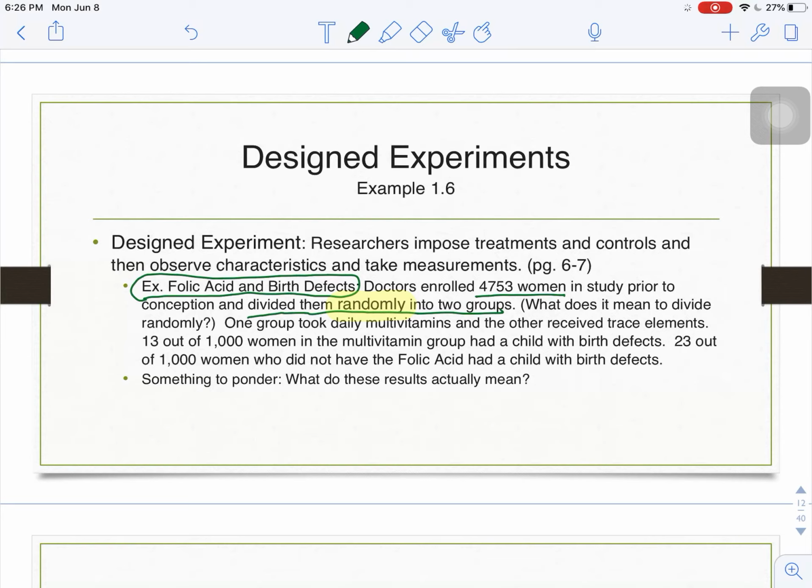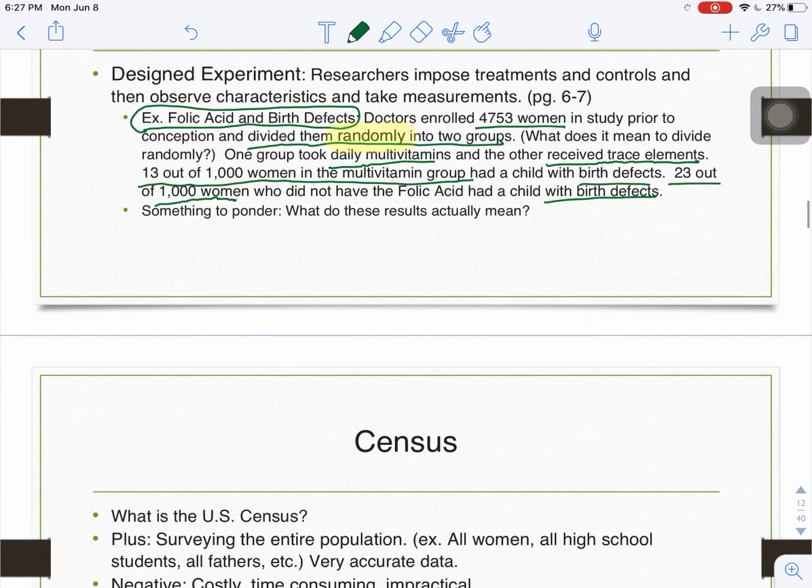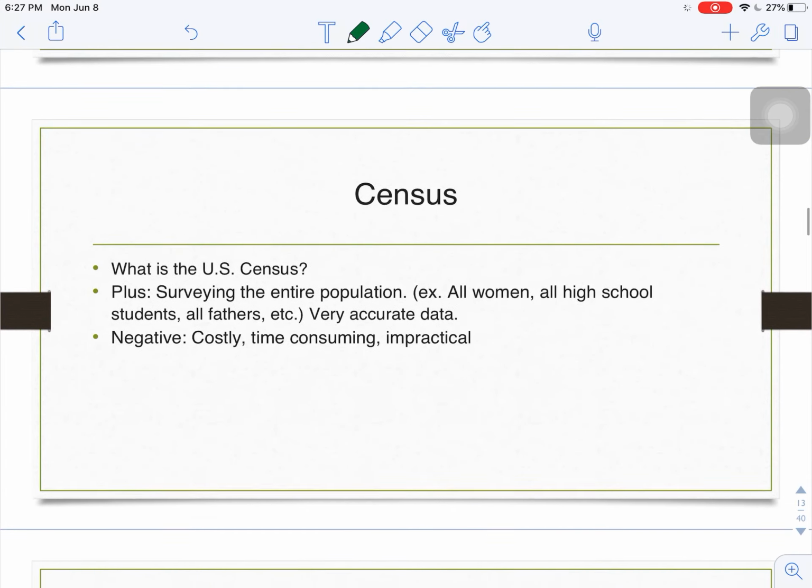You have to collect a simple random sample. So one group took daily multivitamins. The other received trace elements or a placebo. 13 out of 1,000 women in the multivitamin group had a child with birth defects. 23 out of 1,000 who did not take the folic acid had a child with birth defects. So here we're looking at, well, does folic acid actually contribute to birth defects in women, or does it lower it?